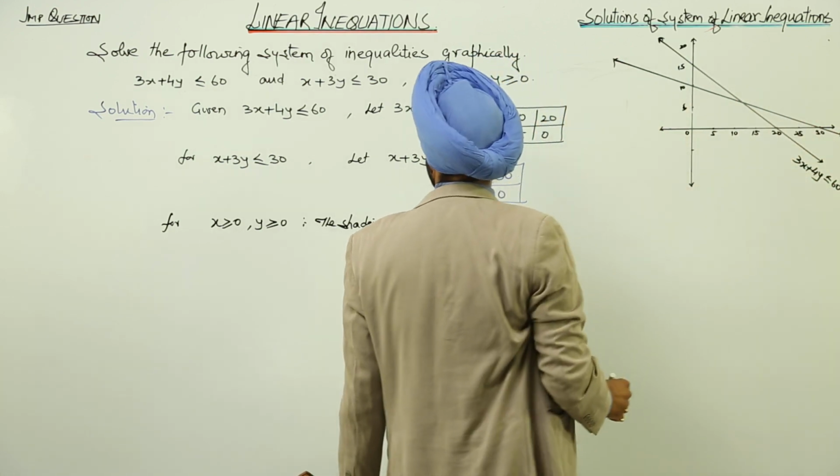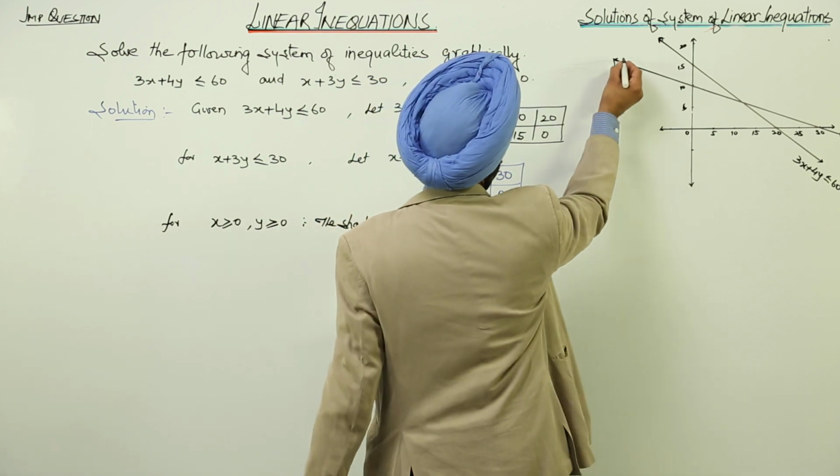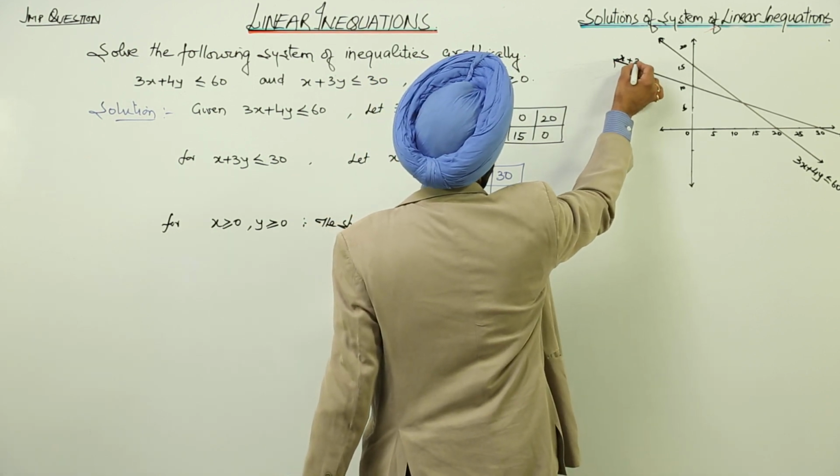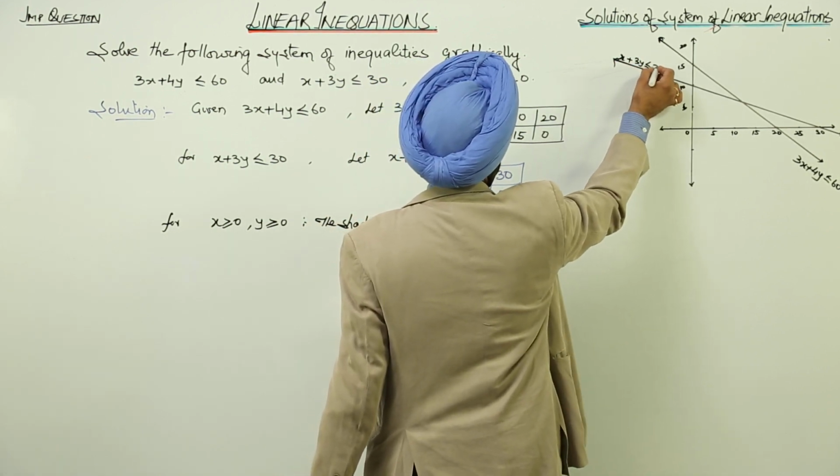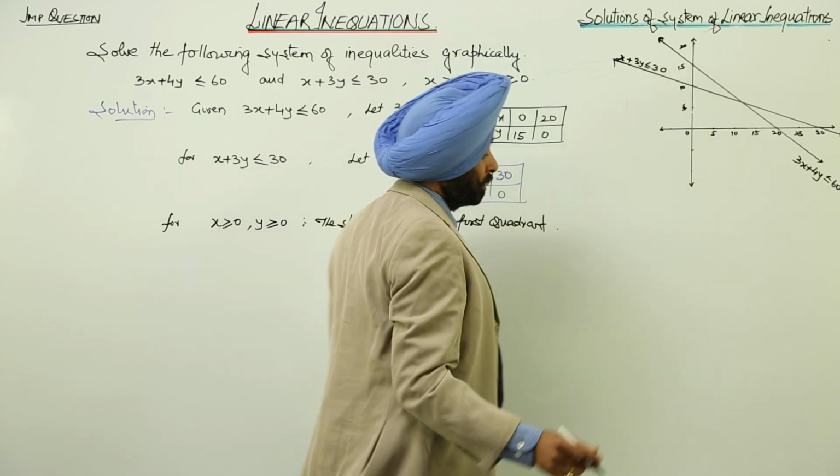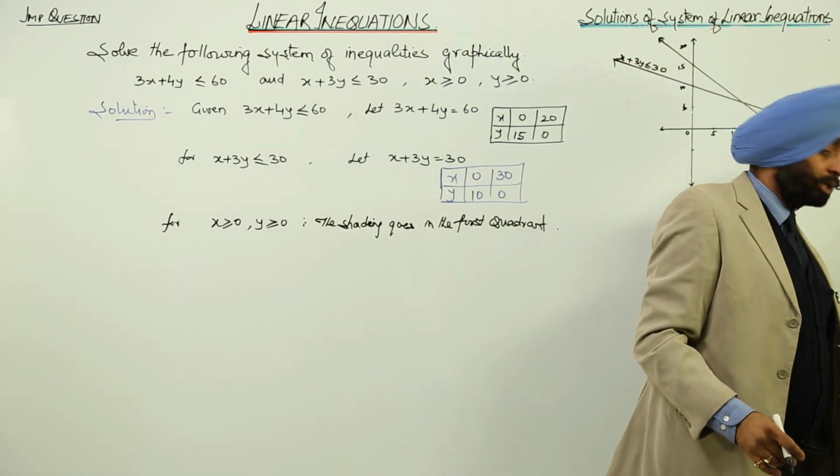Writing the original equation, x plus 3y is less than or equal to 30. Now we will discuss about the shading part.